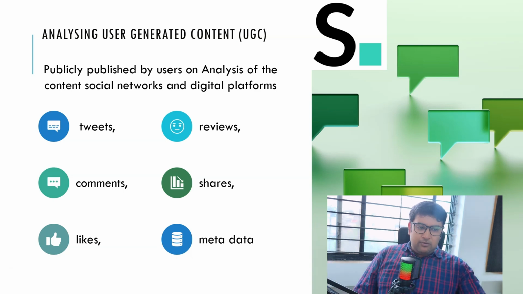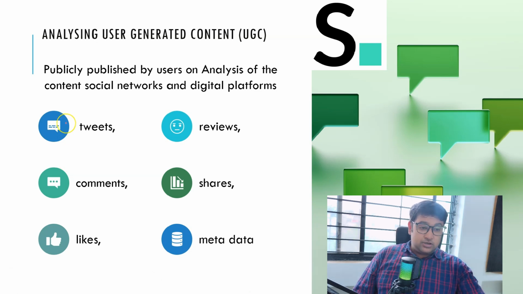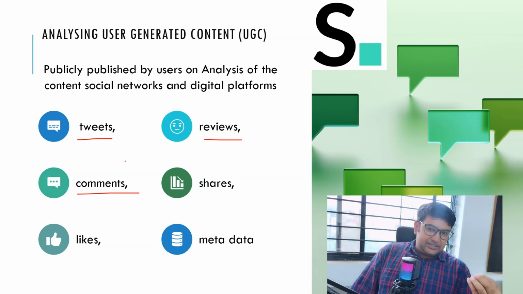Now one interesting thing I will tell you here is that data science is not easy to apply on all these domains, because tweets, reviews, and comments are basically unstructured data. This is basically text, or some video or some image.